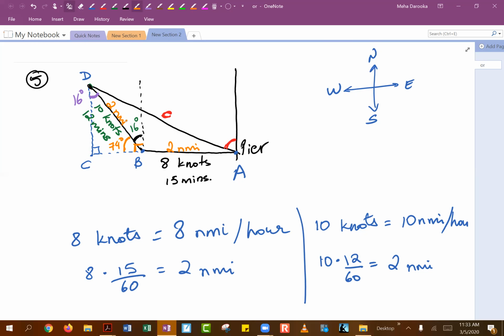But will that be enough information for us to go about calculating? Because we haven't really talked about obtuse triangles that much. So how would you calculate either angle A or angle D for the bigger triangle ABD?